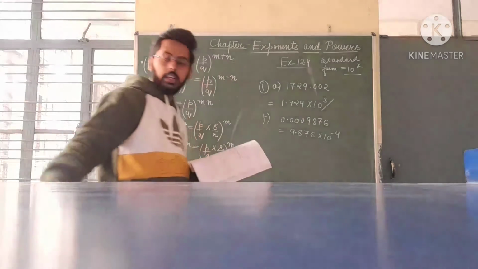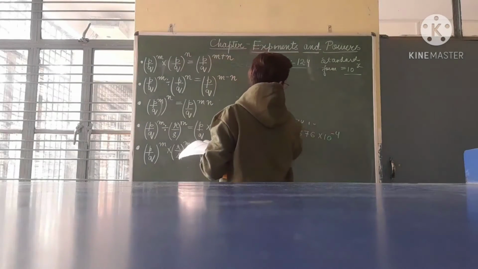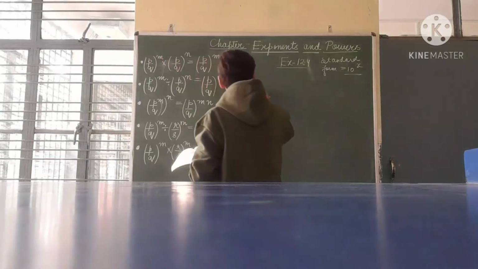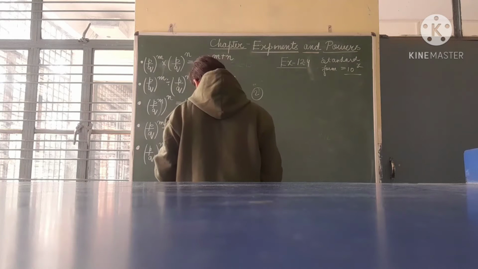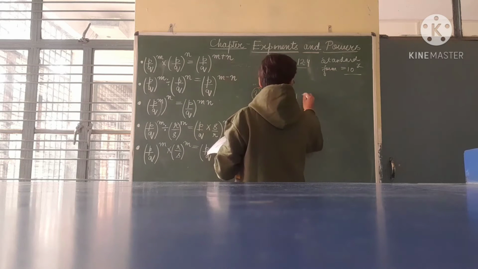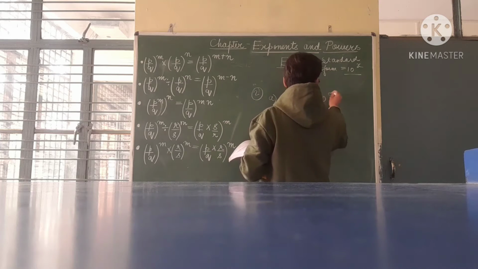Now question number second says convert into usual form. Question number second, A part, as you can see, 1.23 into 10 to the power 5.